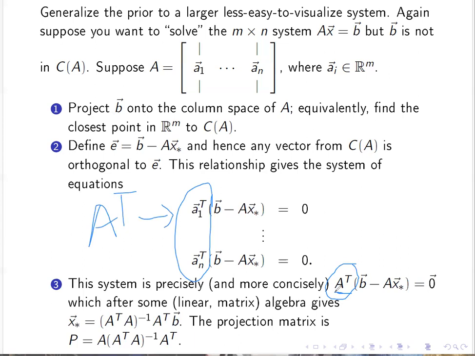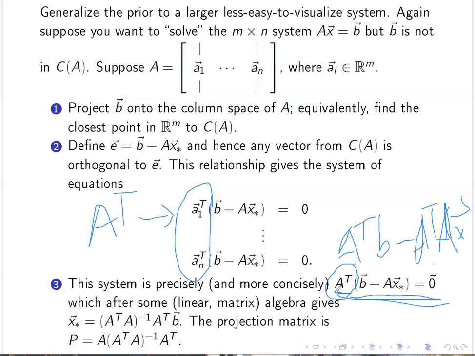If I multiply that, it's A transpose B minus A transpose AX.